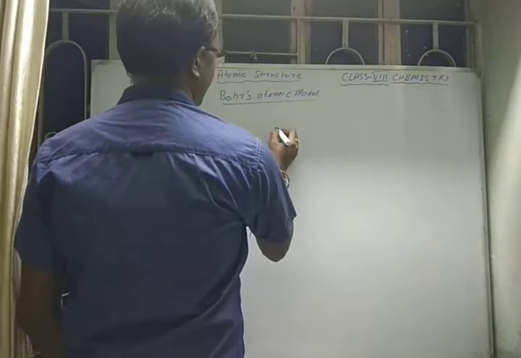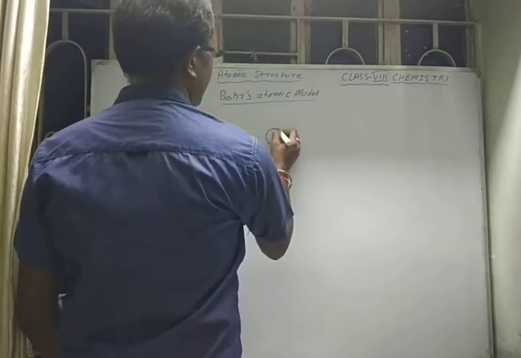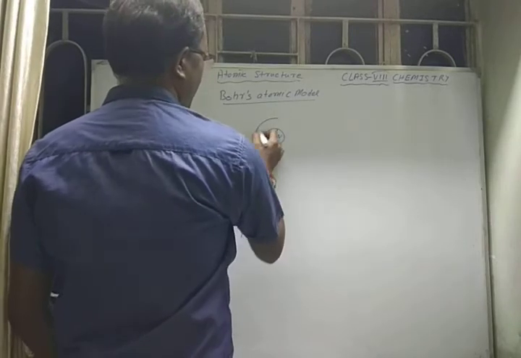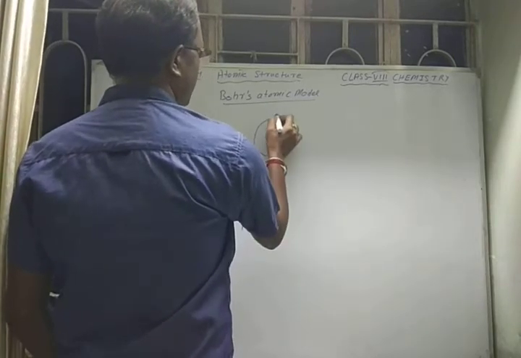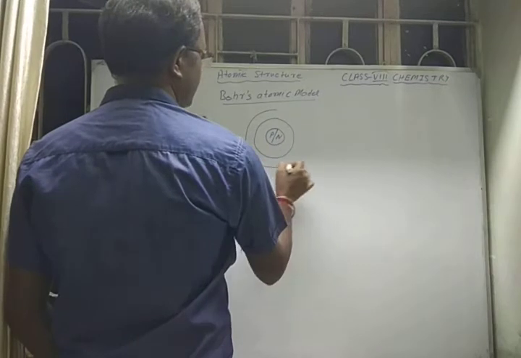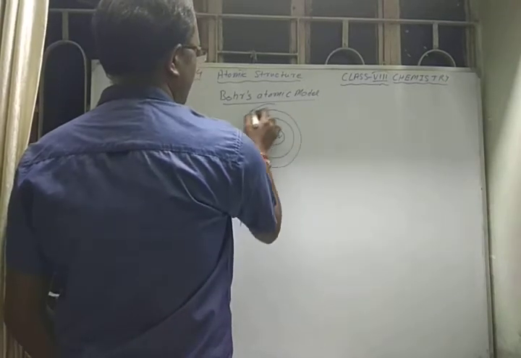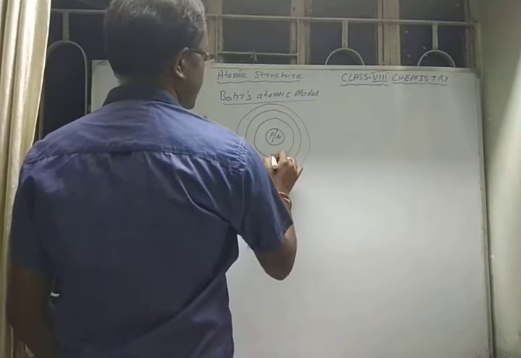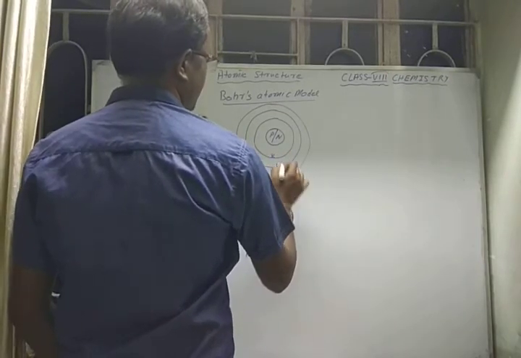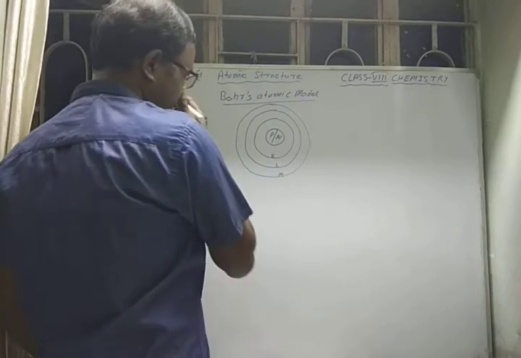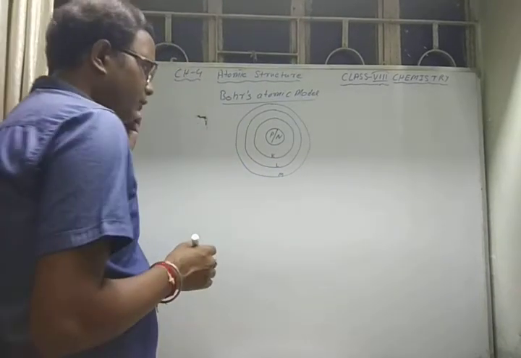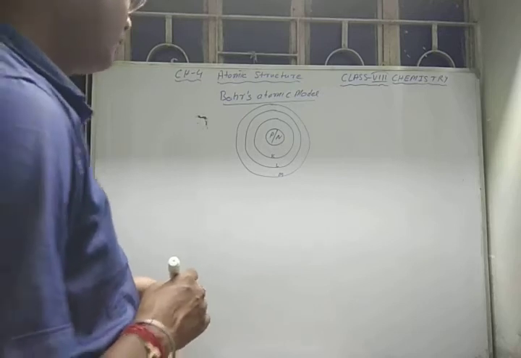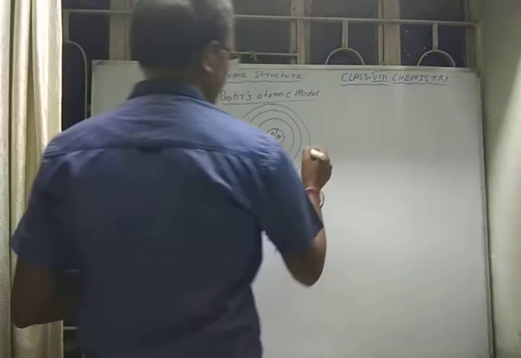In the nucleus protons and neutrons exist together and electrons revolve around the nucleus in fixed paths. These fixed paths are called orbits, and he named these orbits K, L, M and N, etc. The number of electrons in each shell is fixed. More than that is not possible to adjust.